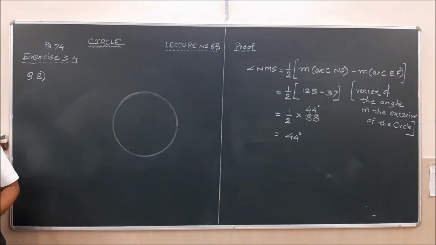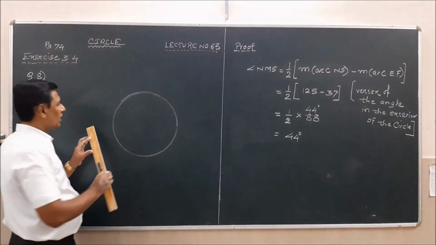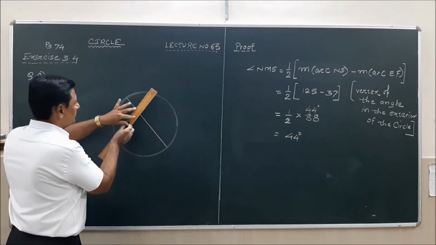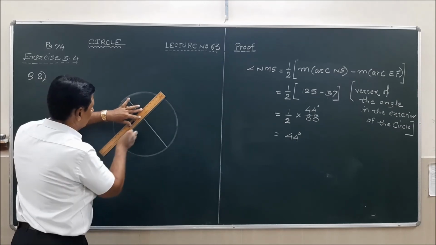So for this last question, two chords are given which are intersecting each other in the interior of the circle.